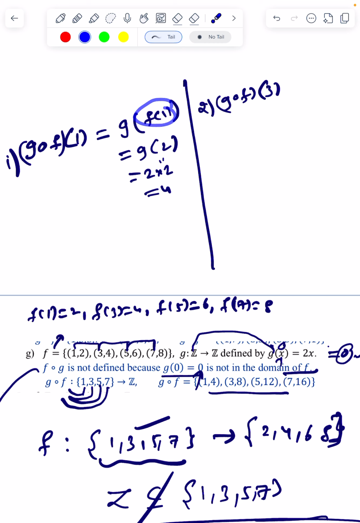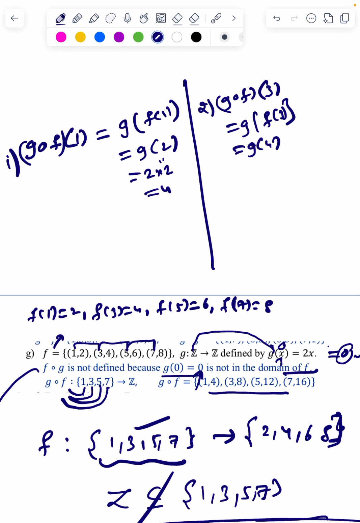Now g of f of 3. What is the image value of 3? 4. That is g of 4. Substitute this 4 in the right side, 2 in place of x. 2 into 4, you got the answer 8.